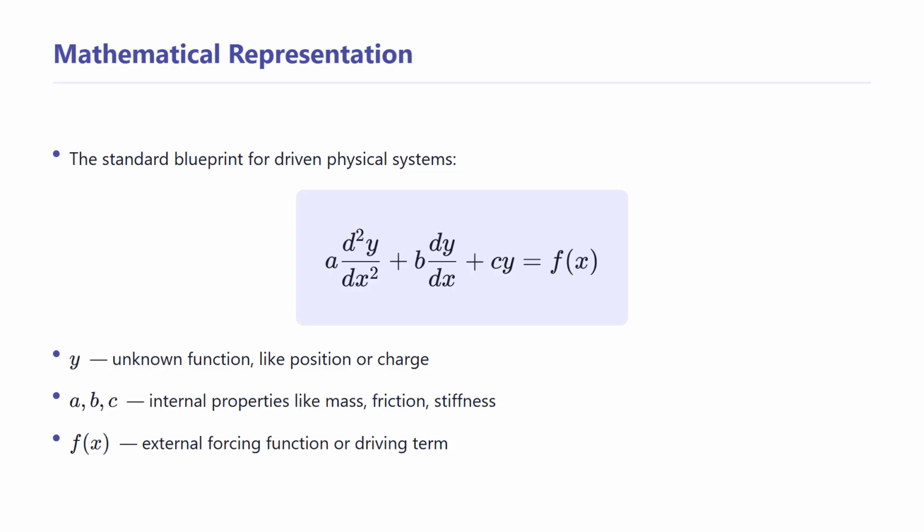But the crucial part is on the right side, f of x. This is the external forcing function that makes the equation non-homogeneous. If the magnitude of f of x increases, the external push on the system becomes stronger, resulting in a much more violent forced response. Our job is to solve this entire equation.